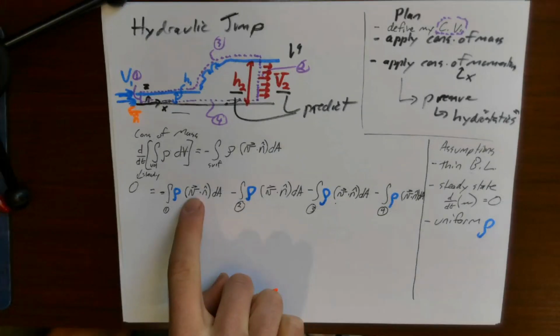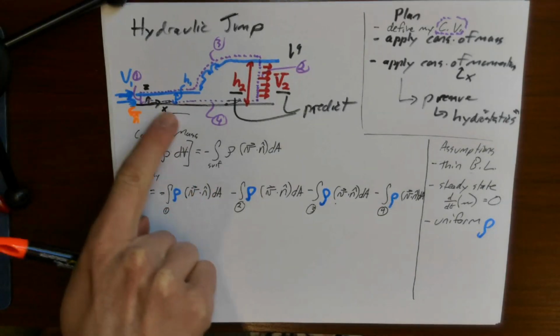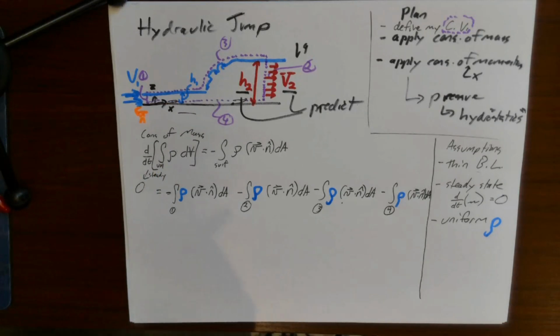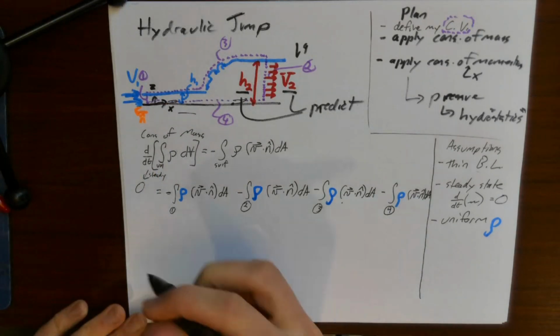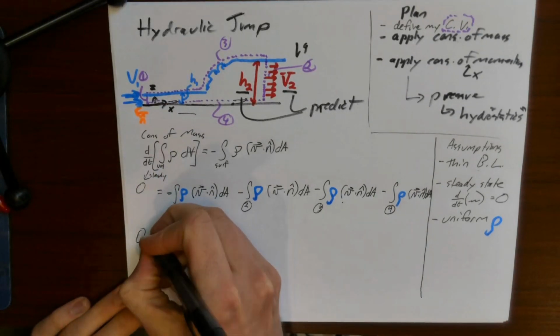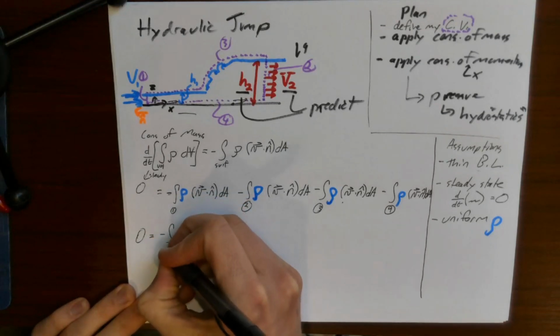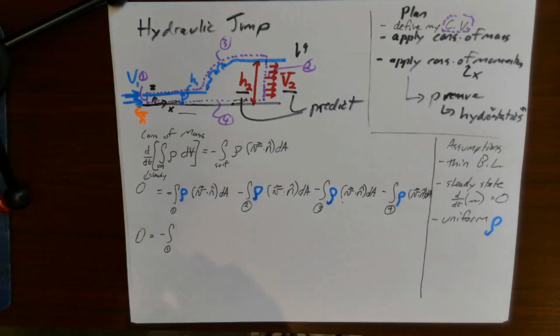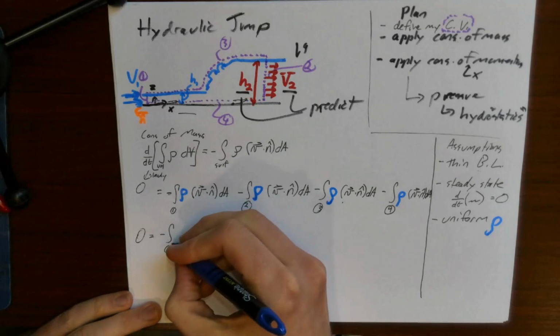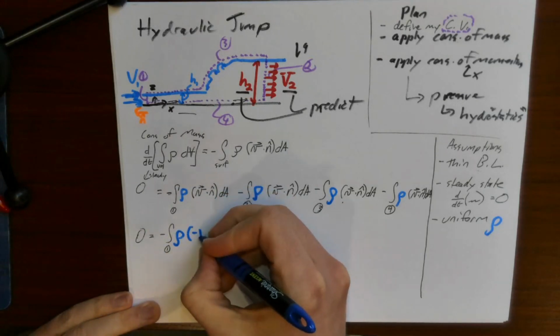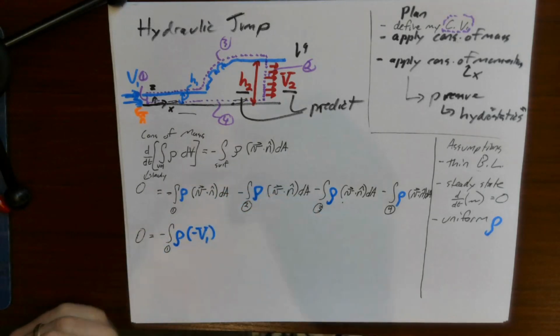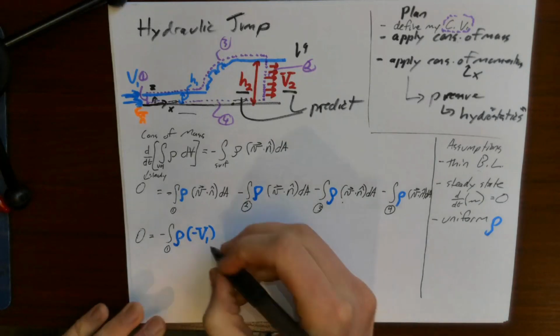So v dot n is going to have a magnitude of v1, but because they're in opposite directions, I'm going to get a minus sign. So 0 equals minus the integral over surface 1. We still have rho. And in this case, v dot n is going to be minus v1, and we're going to have dA.